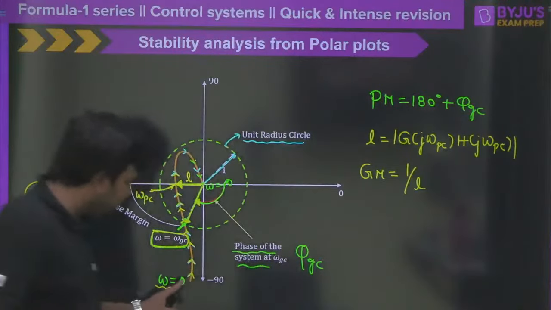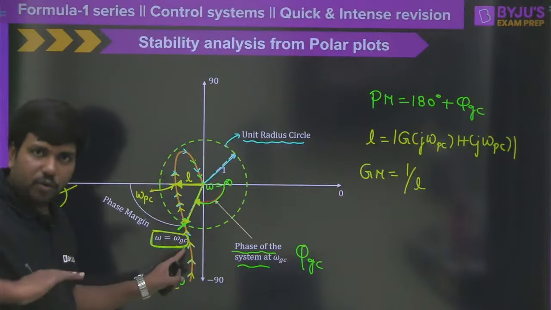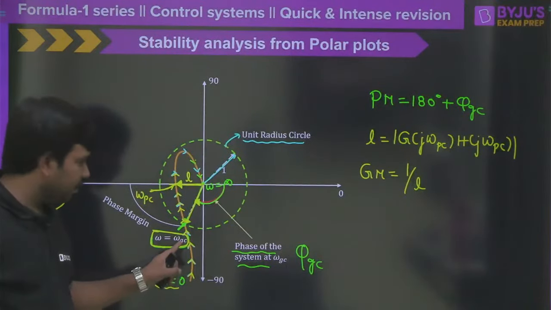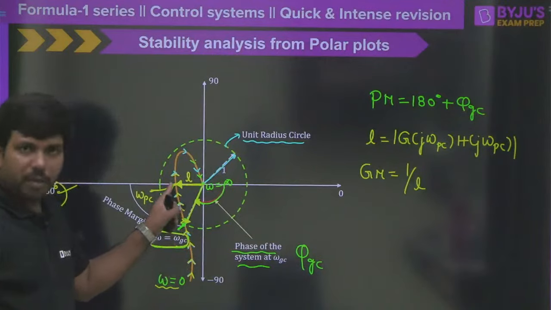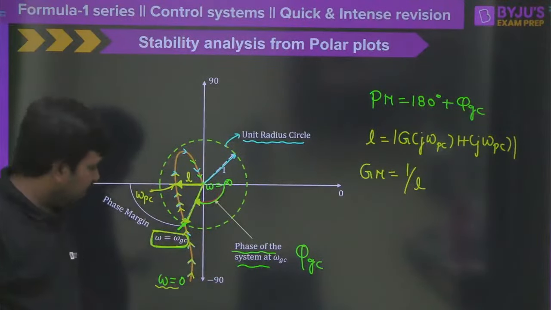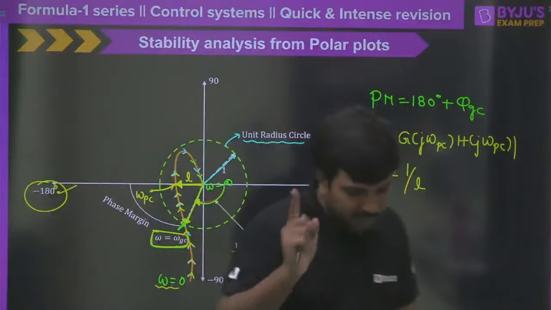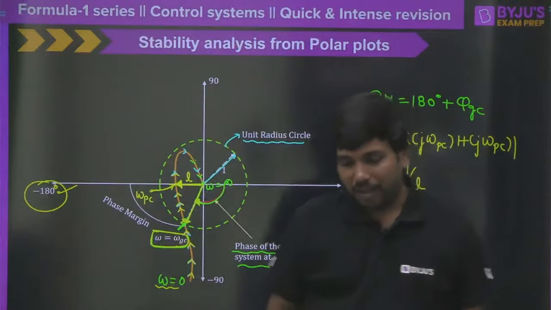You started from 0 degree, omega is equal to 0. Slowly you are rising. When you are rising slowly, first you got omega GC. After that we got omega PC. After that we got omega equal to infinity. Tell me whether omega GC is more or omega PC is more now.